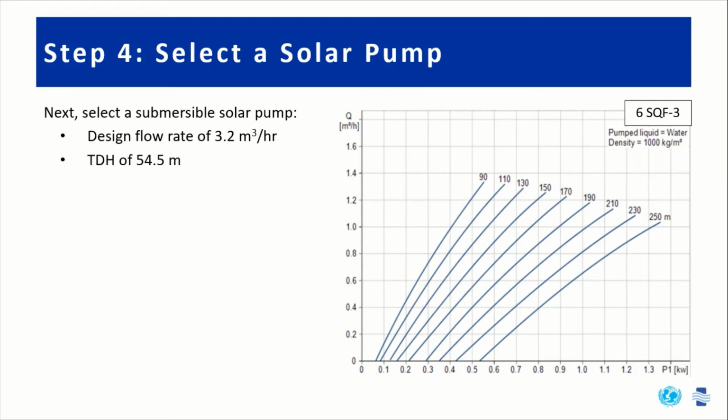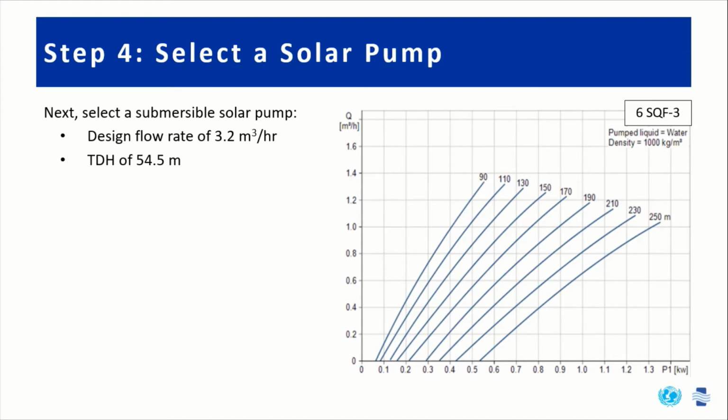Now, there's also a new line of SQ Flex pump curves that are rated to 2.5 kilowatts that are not shown in this data booklet but are available. So you can search for those products by searching on the Grundfos website and typing in the product name or product number, or just searching on Google for 2.5 kilowatt SQ Flex pumps.